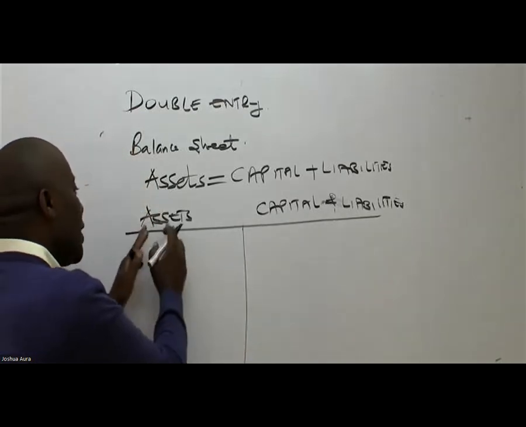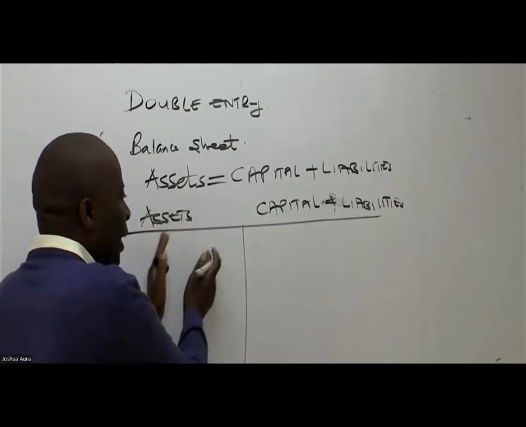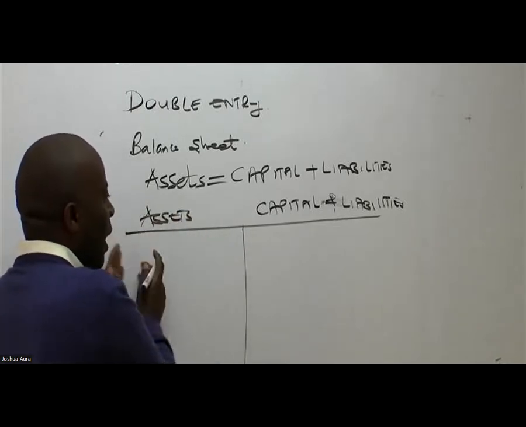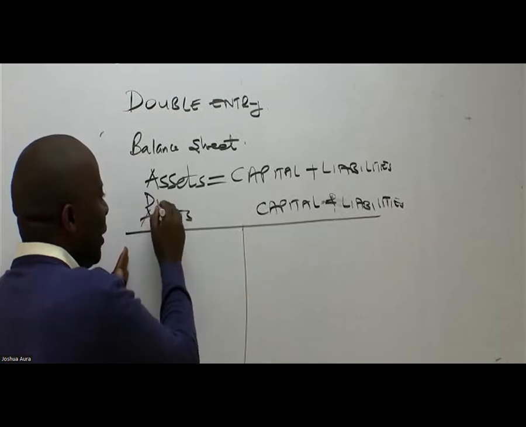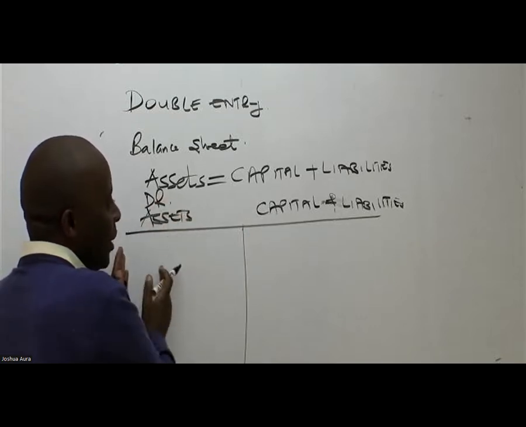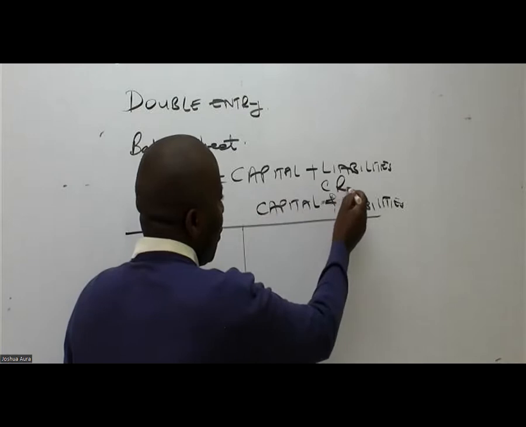It is very important for you to appreciate this, ladies and gentlemen. Where are the assets? They are on this side of the T account, which we normally call the debit side. The other side we call the credit side.